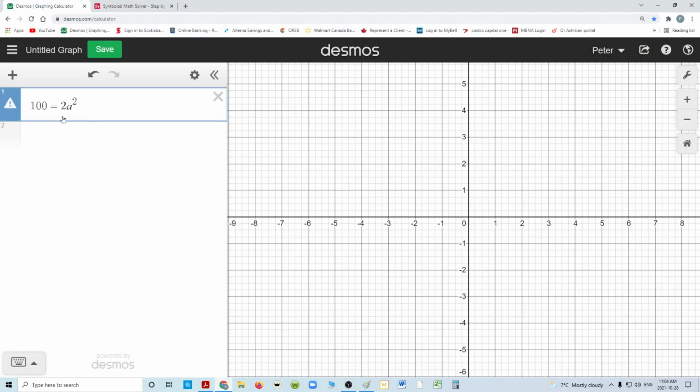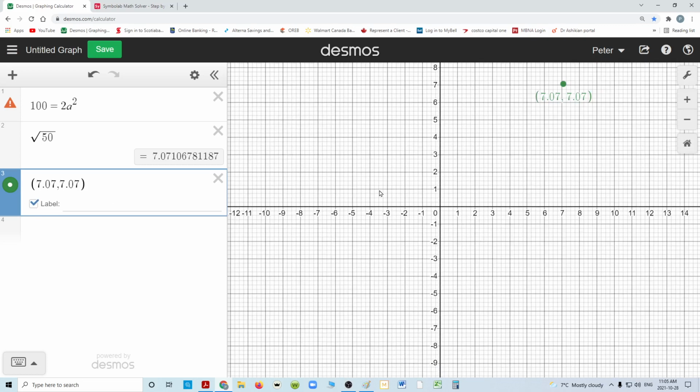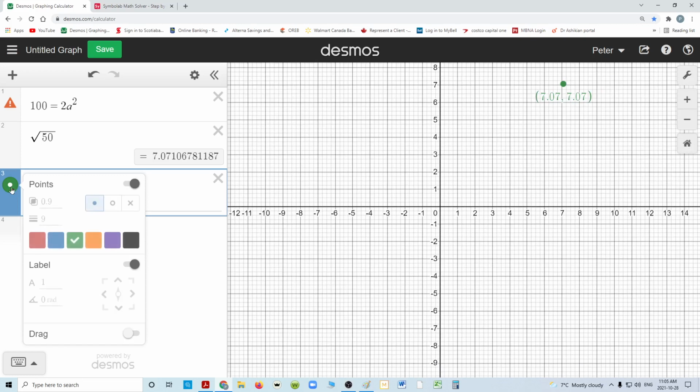So it's going to give me the solution. What is the square root of 50? Okay, now I'm going to put 7.07 comma 7.07. I'm going to label it. All right, there it is. I think I can draw a line to it.